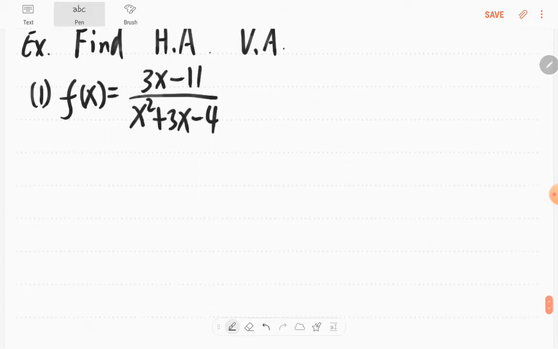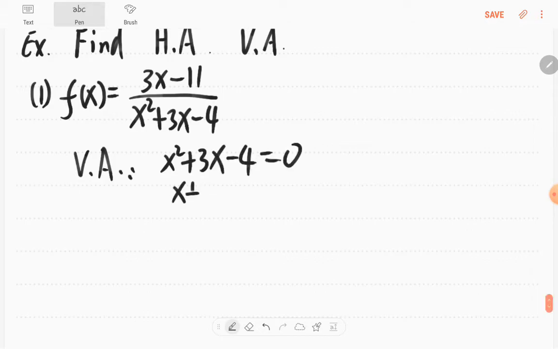For this case, to find the vertical asymptote, we need to what? Simplify. No, we cannot simplify anymore. So the zeros of the denominator would be the vertical asymptote. So we set the denominator to be 0.